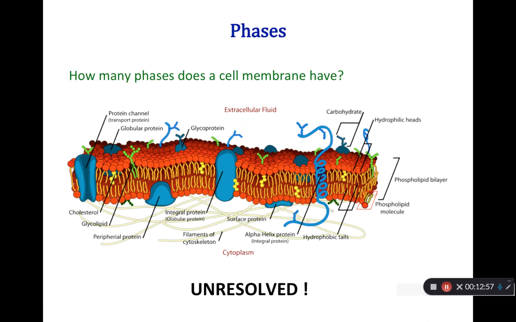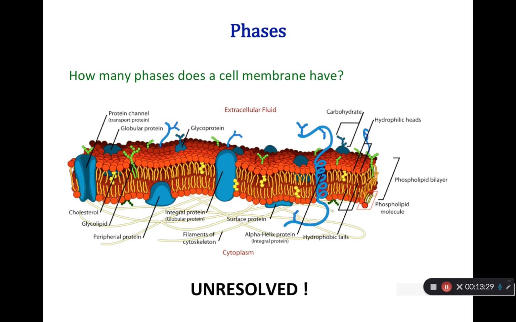So this was a simple lipid vesicle containing one lipid. Here is an image of a cell membrane which contains several different types of lipid, maybe up to 1,000 different lipid species, and cholesterol, and a lot of proteins, which are either integral membrane proteins shown here, or a peripheral membrane protein shown here, maybe an ion channel. It also contains glycoproteins and actin filaments just below the membrane. The question is, how many phases does a lipid membrane have?